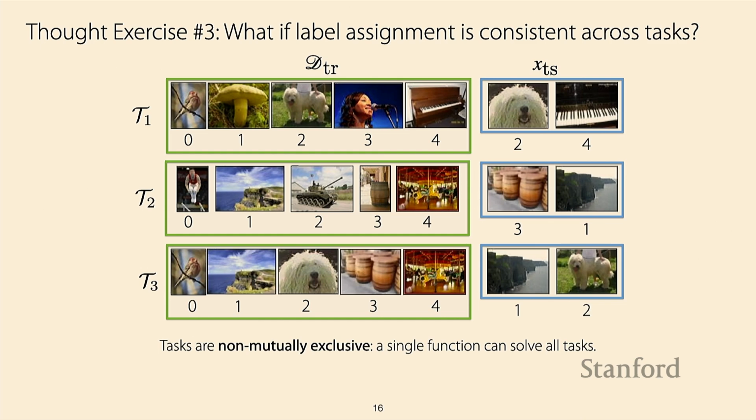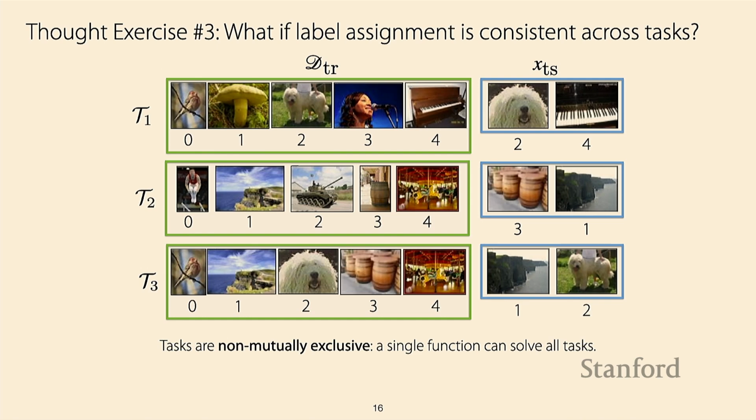Wouldn't it also be the case that for your query examples, you would have seen them in the support set? Would that result in a problem? So you're asking, is it also a problem that for the query images you would have seen them in the support set for different tasks?